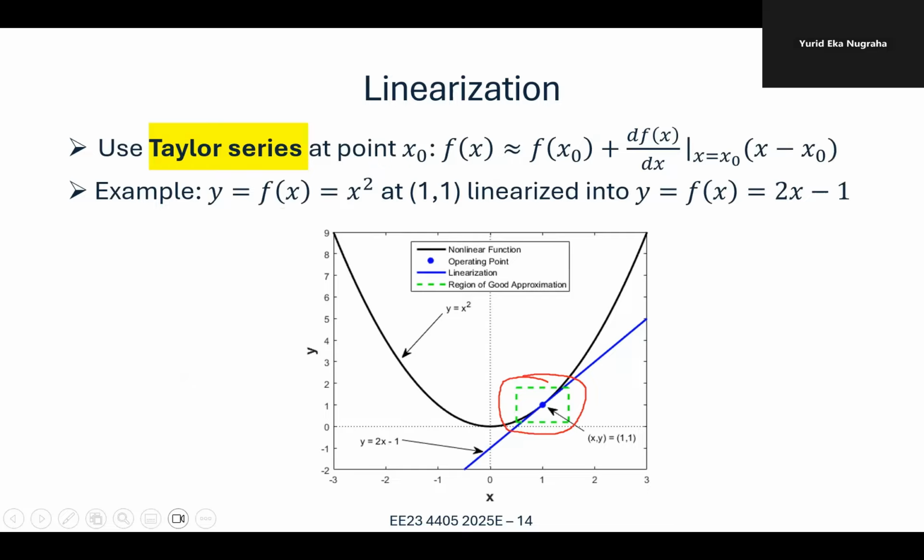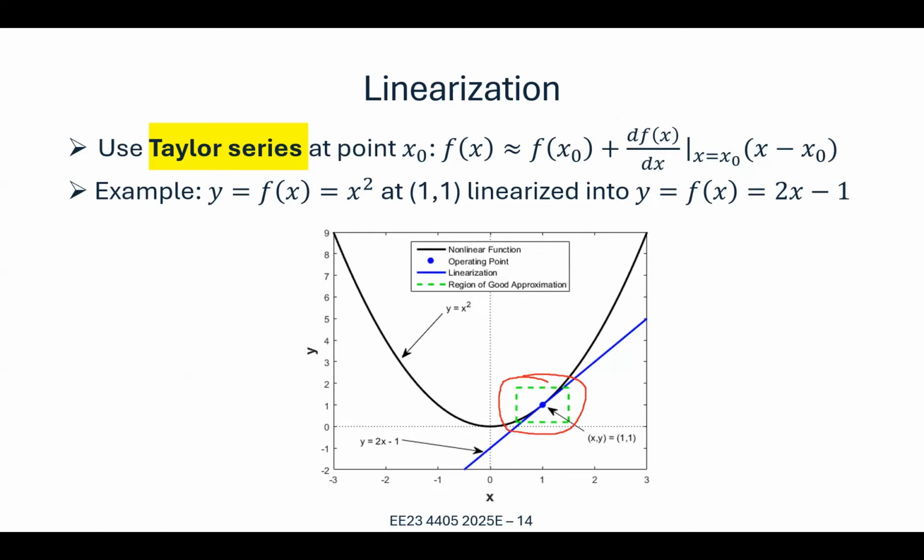To perform linearization, here we could use the Taylor series at point x0, which is the operating point. For using the Taylor series, we form the nonlinear function to be f(x0) plus the derivative of f at x0 times x minus x0.